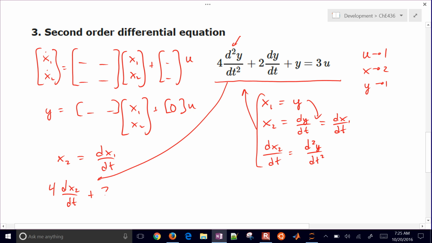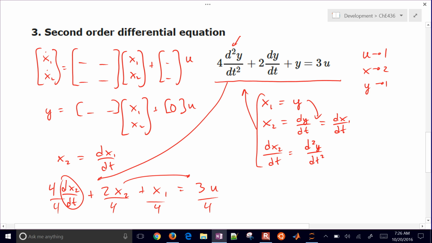So I have to do 2 times dy dt. I could either use dx1 dt, or I could use x2. Because we already have a differential there, let's just go ahead and do x2 there instead, and then plus x1 equals 3 times u. So we just need to have this on the left-hand side of the equation. So we'll divide through by 4 everywhere.